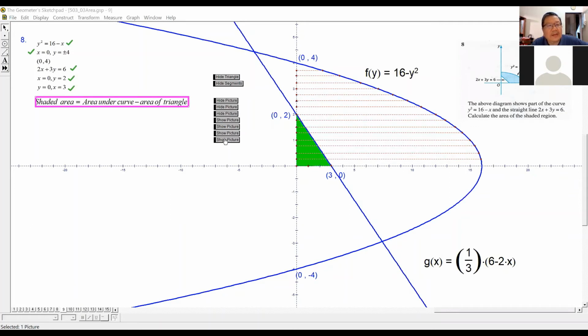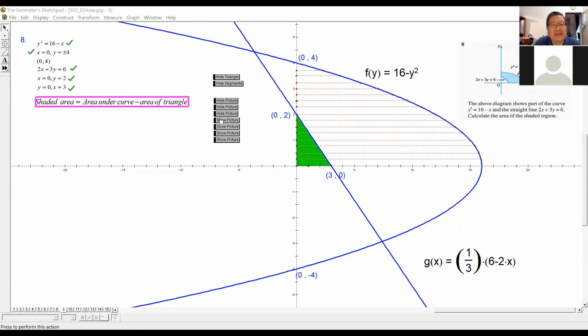Okay, so next one. Now we use the area under the curve. As I have told you earlier, the area under the curve we can find using two ways: between the curve and the x-axis, or between the curve and the y-axis. Both can be used, but it is easier to use between the curve and the y-axis.